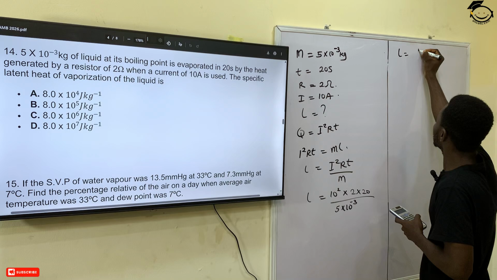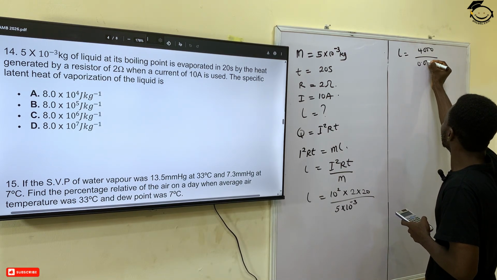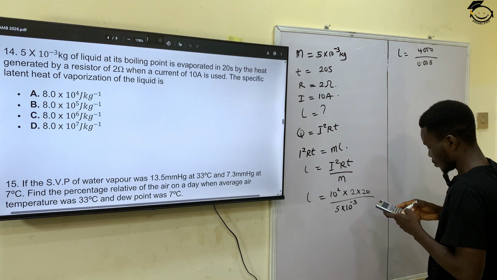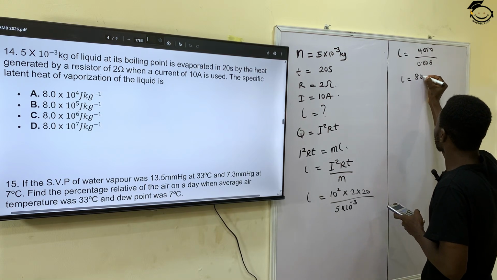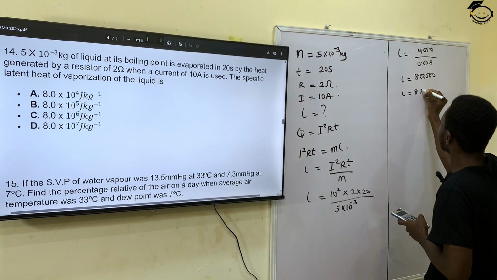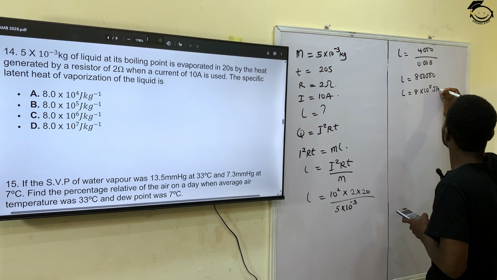This means that my L is 4,000 divided by 0.005. So that will give me that my L is 800,000, which is the same as saying my L is 8 times 10 raised to the power 5 joules per kilogram.